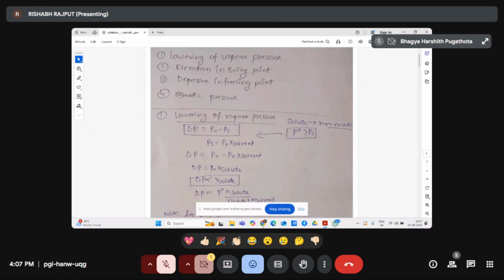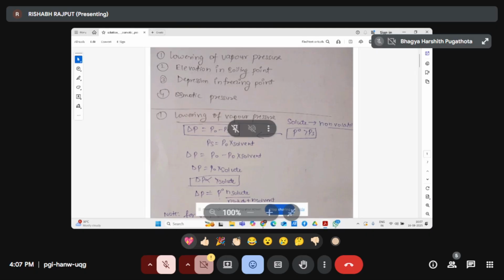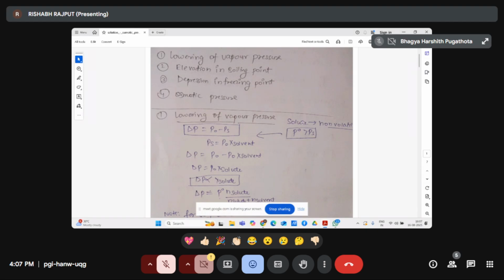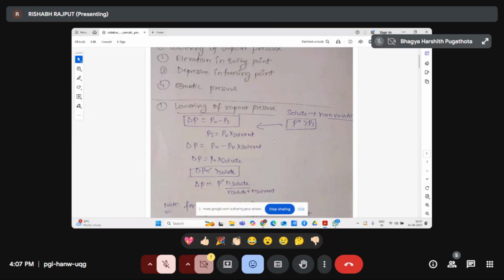I told you, if you compare the vapor pressure of the pure solvent and the solution, and the solute is non-volatile, you will observe that the pure vapor pressure is more than the vapor pressure of the solution. If we subtract the solution pressure from the pure vapor pressure, we get the lowering of vapor pressure.